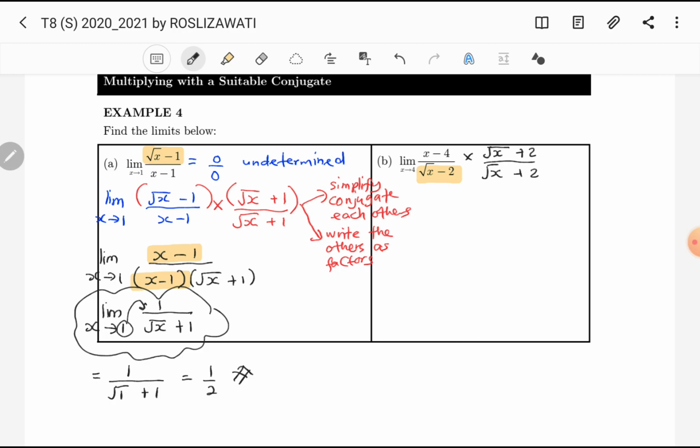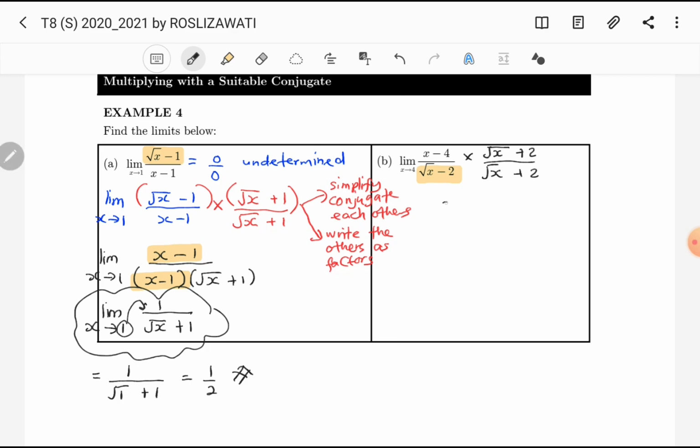Okay, ingat balik yang saya cakap tadi. Kita akan simplify conjugate each others. Yang bukan conjugate each others, kita akan biar. Okay, so for this case, conjugate dia, yang conjugate each other tu atas ke bawah? Nah, cuba tengok. Atas ke bawah? So, jawapan dia bawah.